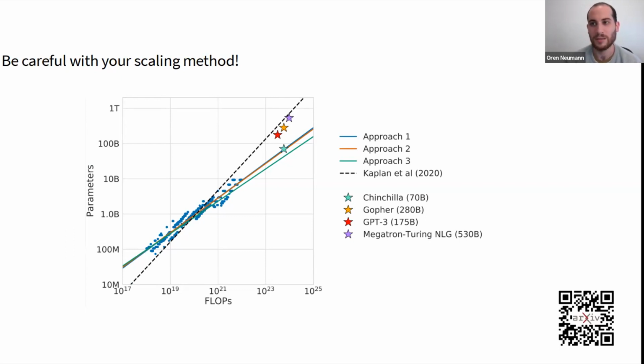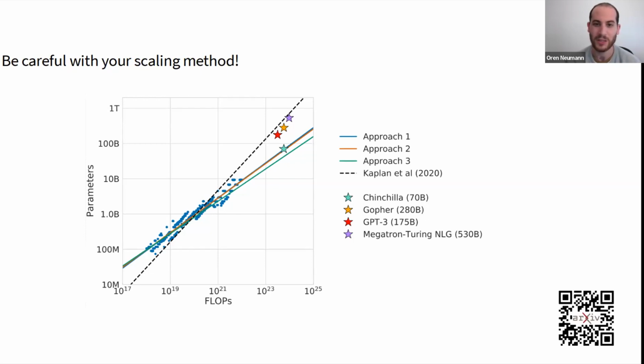They basically redid what OpenAI did in the Kaplan et al. 2020 paper, and they reached different scaling laws. So the other three lines, which are all pretty much the same line, it's just different approaches of calculating the same thing, are very different from the black line.